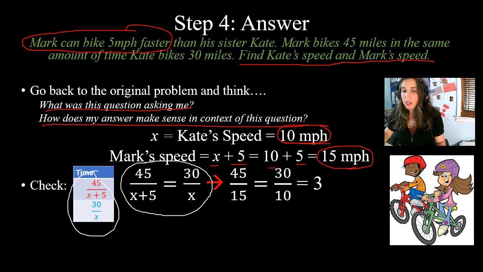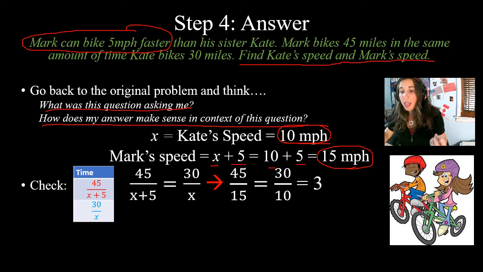We set time equal to itself, which was how we solved this problem to begin with. So if I plug in my x, I get 45 over 15 equals 30 over 10, and both of those equal 3, which means it'll take them 3 hours to bike 45 miles for Mark and 30 miles for Kate, which seems pretty reasonable, okay?